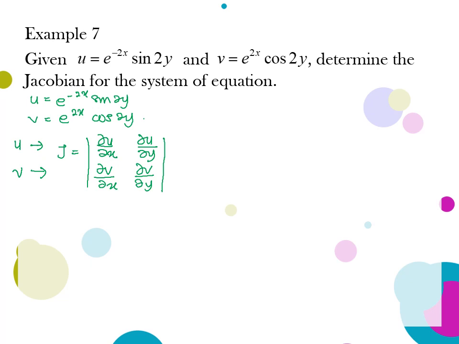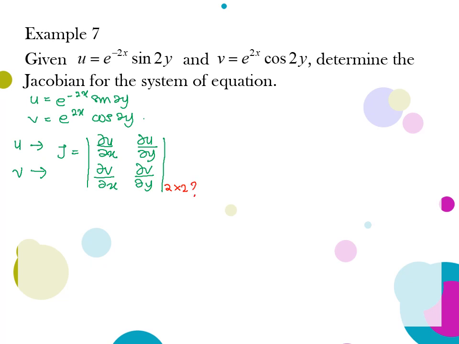After you partially differentiate them, you will find the determinant by using the determinant of a 2 by 2 matrix, because here you have two rows and two columns. Do you still remember how to find the determinant for a 2 by 2 matrix?